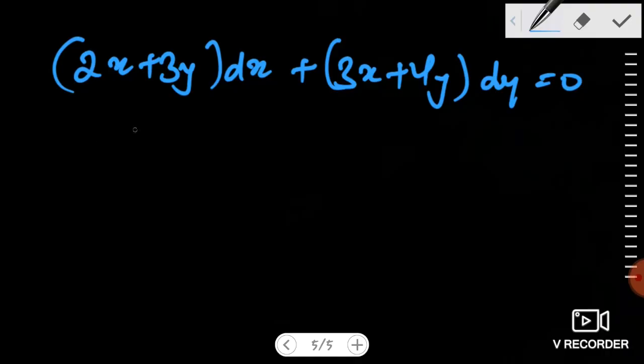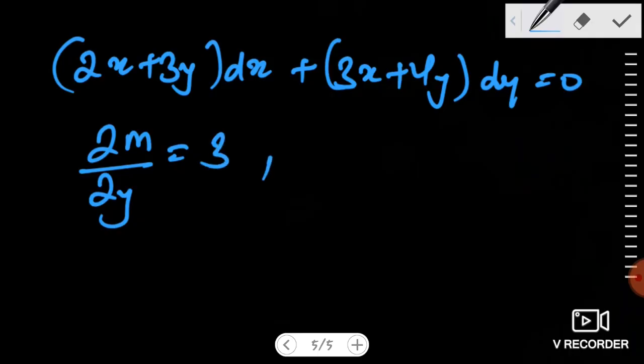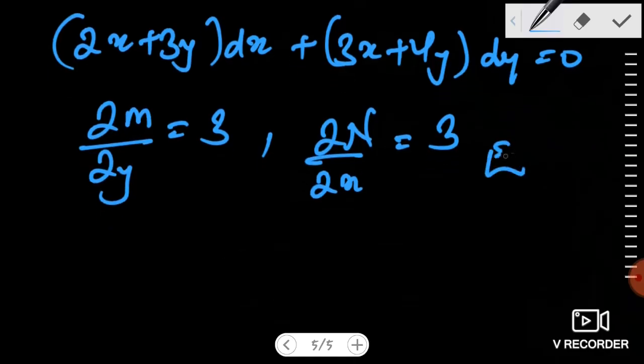Now, partial M with respect to y is going to be 3. Now, partial N with respect to x, if you differentiate this with respect to x, we are going to have 3, right? Therefore, this is exact, right?